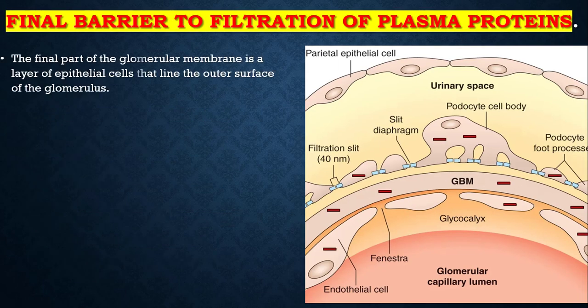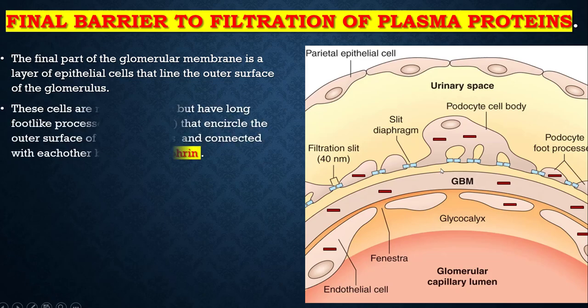The final part of the glomerular membrane is a layer of epithelial cells that line the outer surface of the glomerulus. These cells are not continuous but have long foot-like processes, podocytes, that encircle the outer surface of the capillary and connect with each other by the protein nephrin.